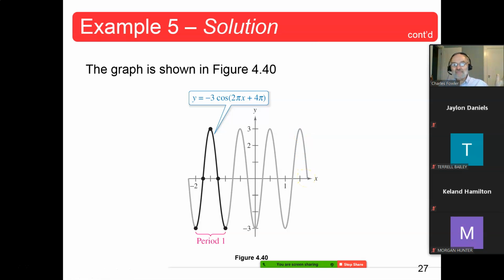You just plot the points and connect the dots. That's all you have to do, okay? And one more up here, and you're back at a 0 again.